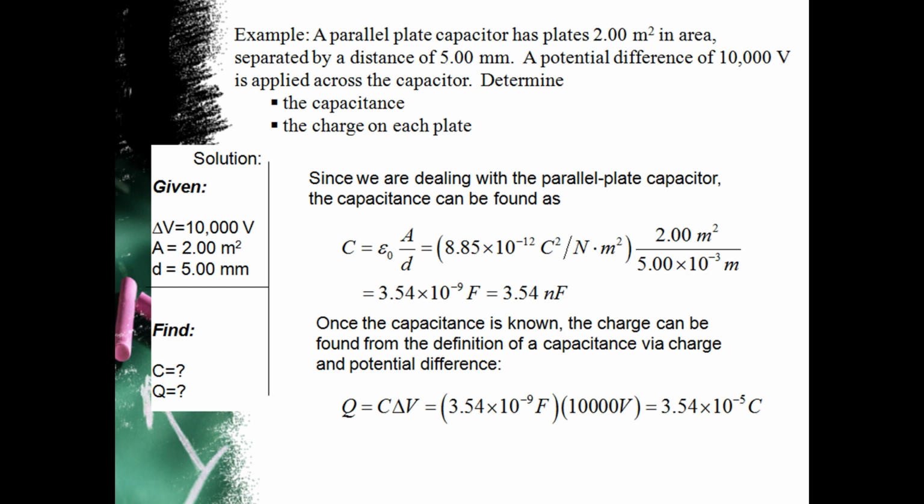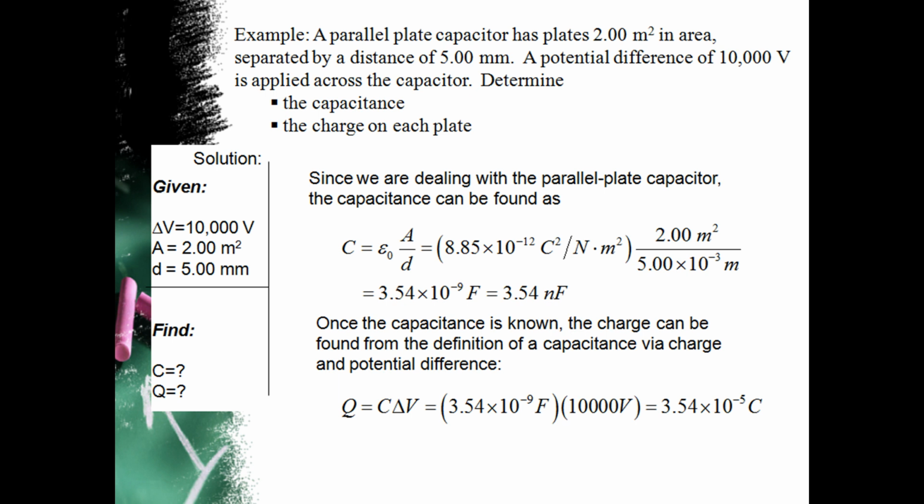You can also make it shorter by simply writing it as 3.54 nanofarad. Times 10 raised to negative 9 is nano, so replace it with the symbol for nano, N, and then the unit farad. Once the capacitance is known, the charge can be found from the definition of capacitance in terms of charge and potential difference.